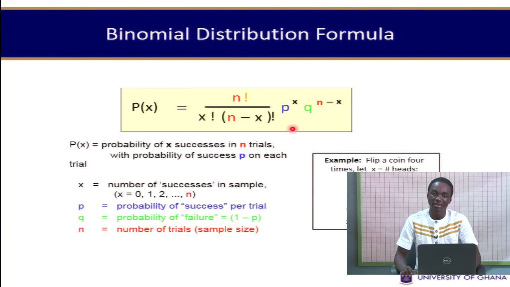And then your p is the probability of success, the probability that you pass the exams, and we said there's a 60% chance, therefore your p is 0.6. Now, if there's a 60% chance of you passing, then likewise there's a 40% chance of you failing. And therefore, your q will be 1 minus p, which is 1 minus 0.6, which gives us 0.4.